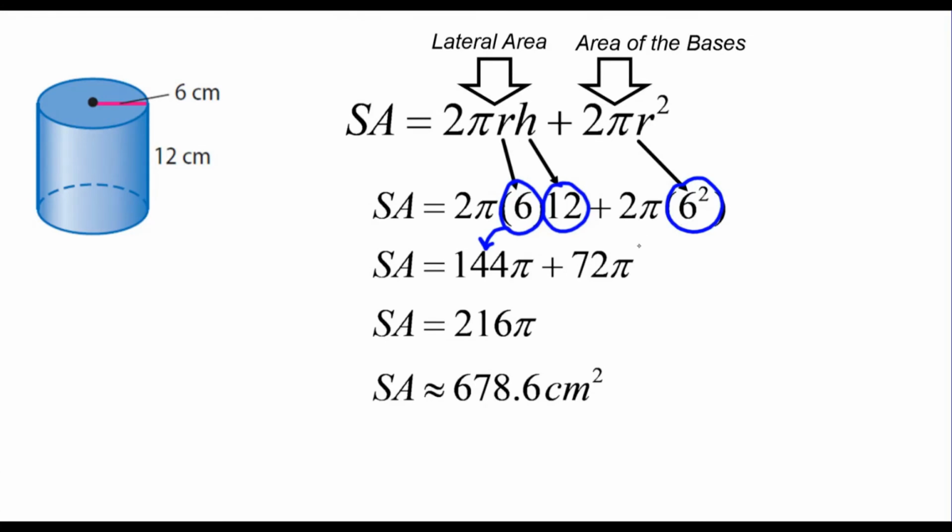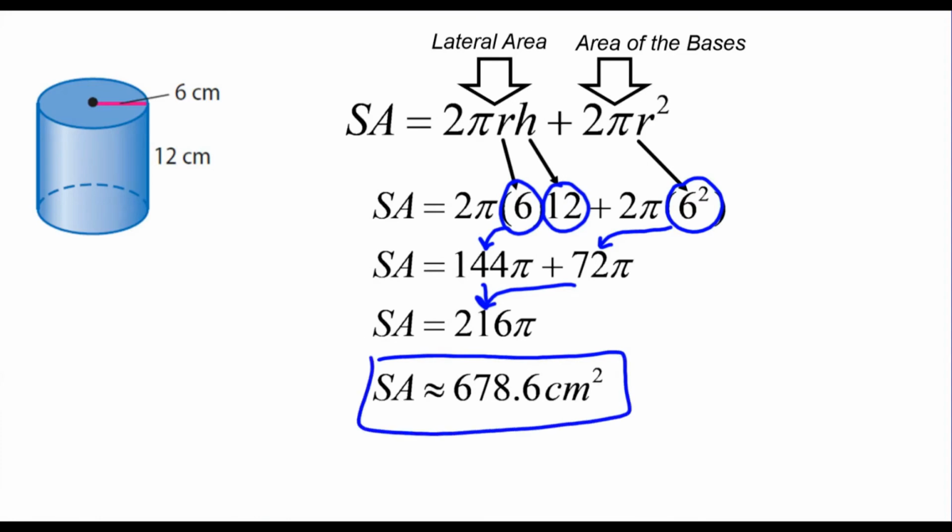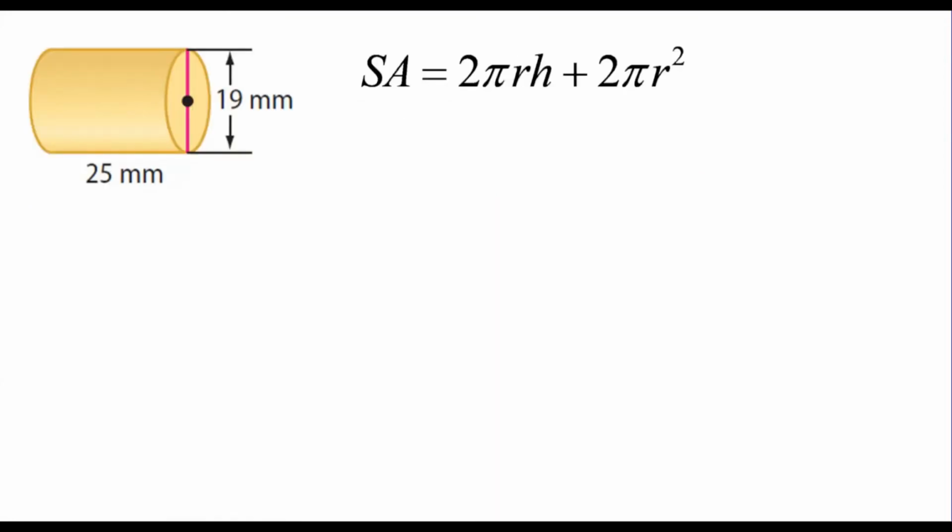Then 6 squared times 2 is 72, so I have 144 pi plus 72 pi, and then I combine those to give me 216 pi. Now the last step, I do that calculation. 216 times pi is approximately 678.6 square centimeters when rounded to the nearest tenth. So there is the surface area of that cylinder.